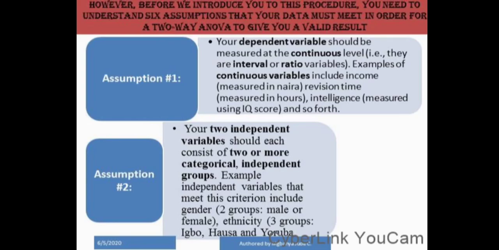For example, primary level is independent of the secondary, and the secondary is independent of the tertiary. Again, gender, male and female, they are independent. So with your objective, if the two independent variables have these different groups that are independent, then you know that you can use your two-way ANOVA to run the analysis.